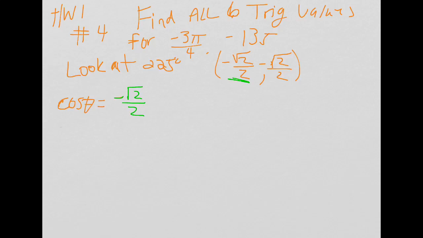All you do is look at the first point in the ordered pair, and that's the x value. Then sine is the y value. So you just got to write the y value down.